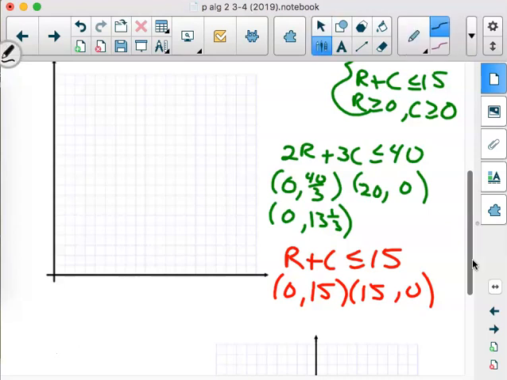So I think I'm going to label 1, 2, 3, 4 in 5s. And I'll put Roma 1, 2, 3, 4, 5.